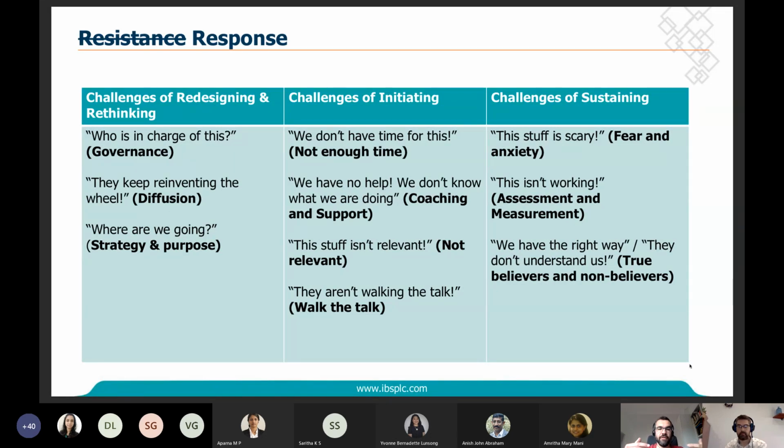Maybe this is the response that I'm providing to this particular change, and that helps you to reflect. Or maybe you can see this in others, and that might help you to understand what this person is experiencing at the moment, or what the experience of this person is towards the change.